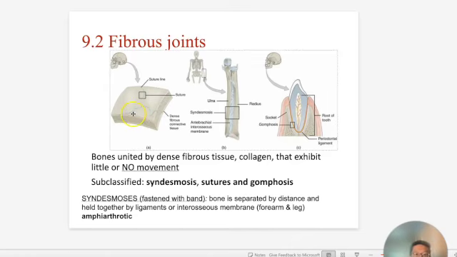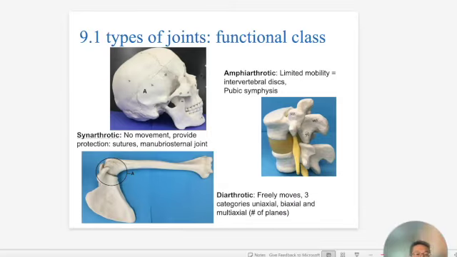Suture joints have no mobility, and gomphosis have no mobility. Even though they are fibrous joints, they are classified as synarthrosis. Makes sense? So the synarthrotic fibrous joints are gomphosis and sutures, and the only fibrous joint with a little bit of mobility is the amphiarthrotic syndesmosis joint, which is in the forearm. So that was fibrous joints, three types of fibrous joint.